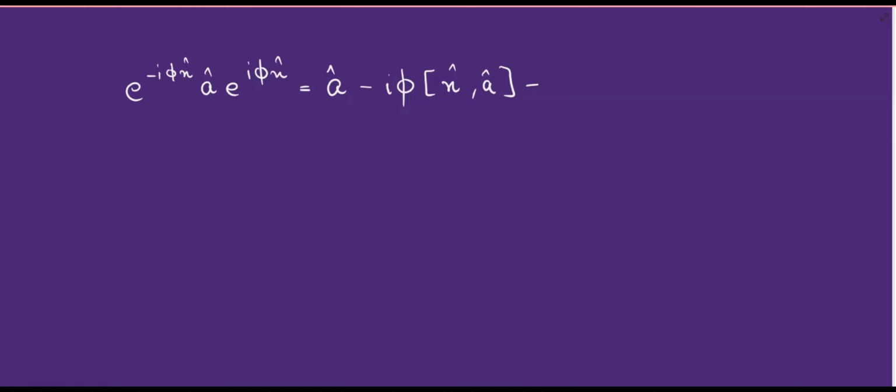Let's prove the first one, which is nothing but e raised to minus i phi n cap a cap e raised to i phi n cap. Let us use the exponential form of the Baker-Campbell-Hausdorff formula, and this will give us a cap minus i phi [n cap, a cap] plus (i phi) whole square by 2 factorial [n cap, [n cap, a cap]] and so on.